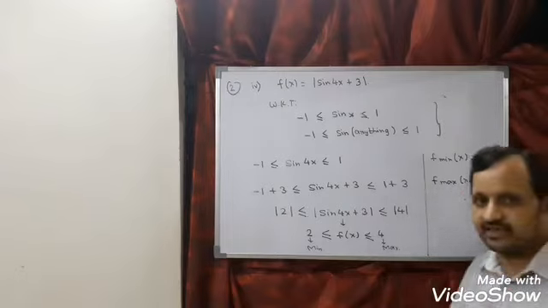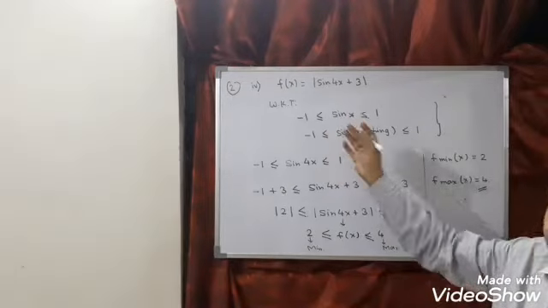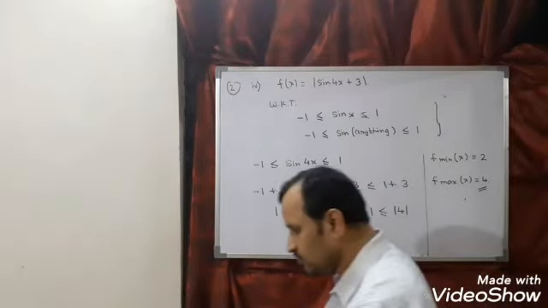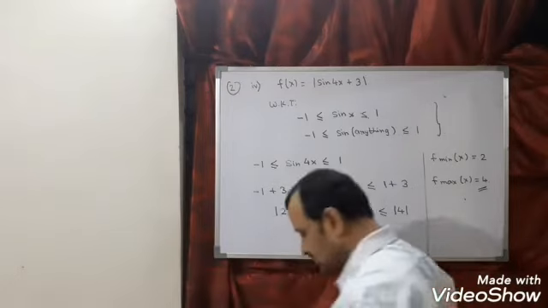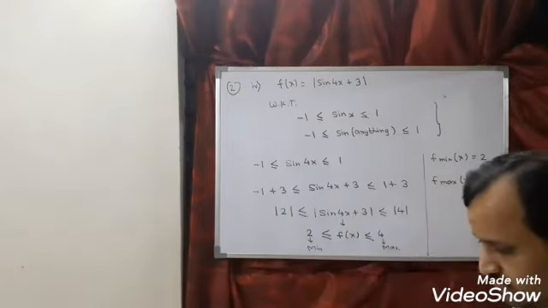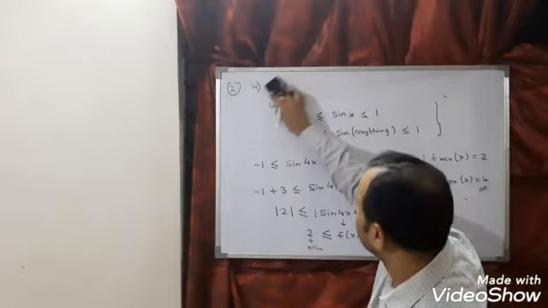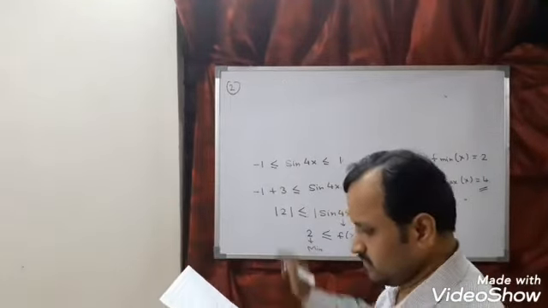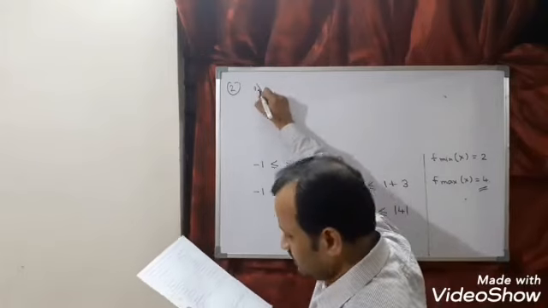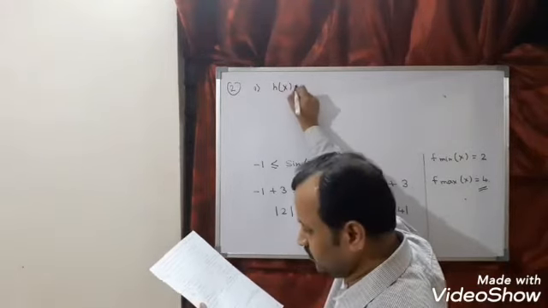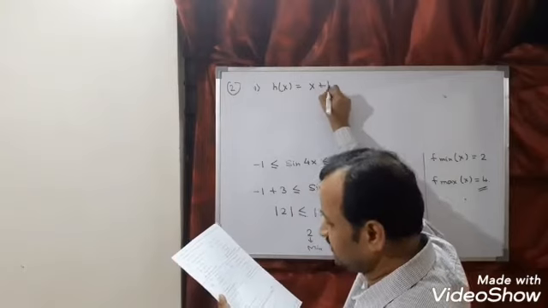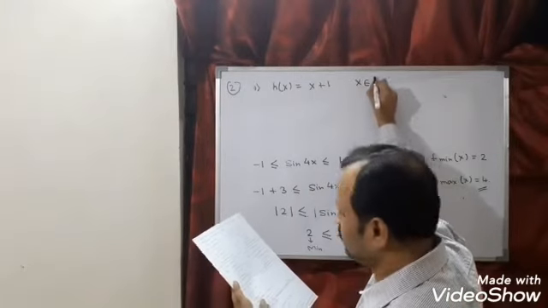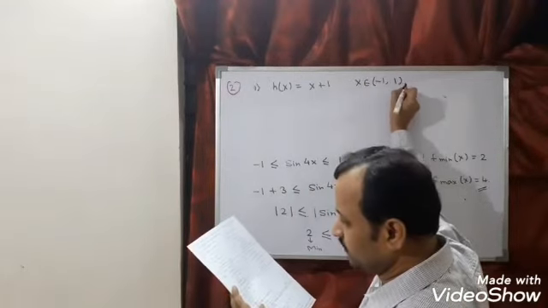So the first two bits are similar, the last two bits are similar, and I think one more question is there under this question, the fifth bit. The fifth bit is h of x is equal to x plus 1, x belongs to -1 comma 1.